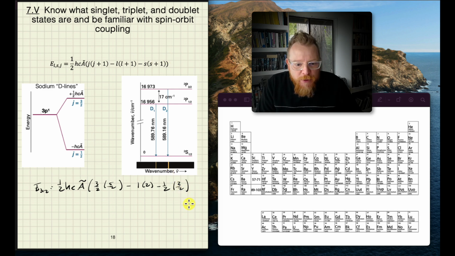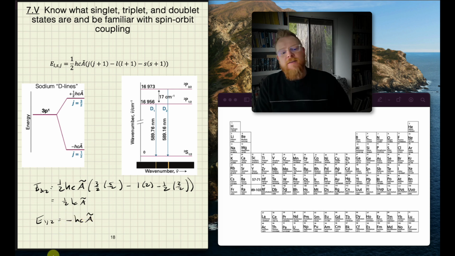If I do all of that math, we just get positive 1/2 hcA. I know that doesn't look too obvious, but work it out for yourself. If we did the same thing for the j 1/2 level, this would turn out to be minus hc times the spin orbit splitting constant.